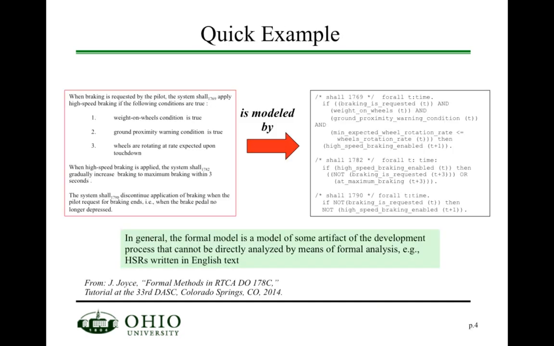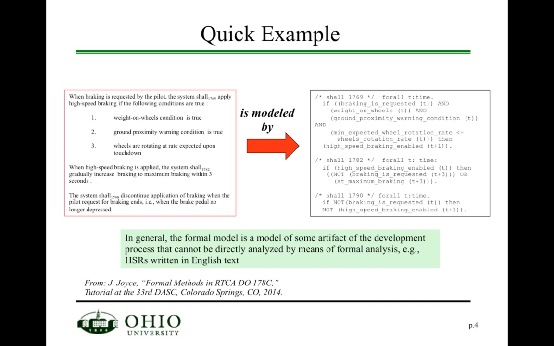An example would be, on your left, you see a set of high-level requirements that are written in plain English text. It would be really hard to mathematically take these textual requirements and evaluate them in order to check if this set of text is really implementing what we need to implement.